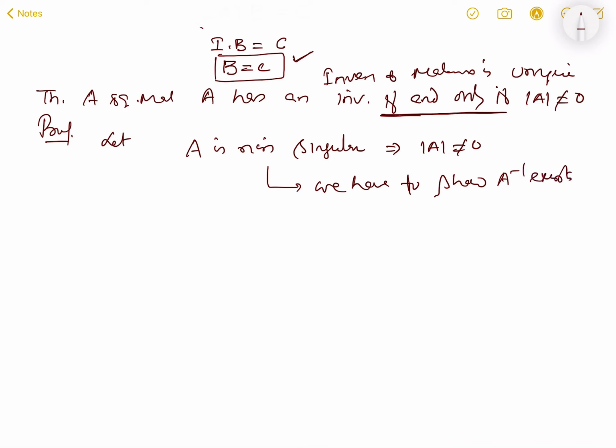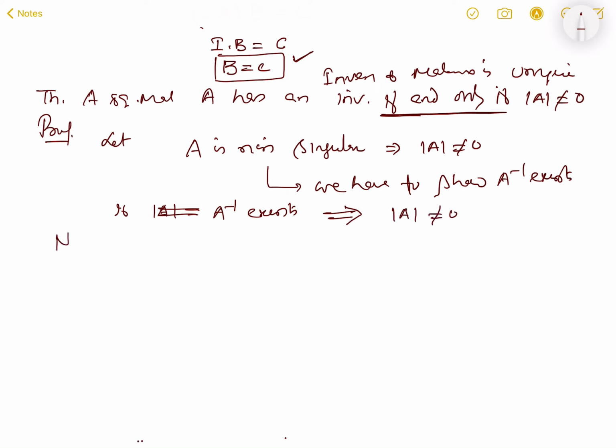This is the first part of the theorem. Another part is, if considering A inverse exists, then we will have to show that determinant A is non-zero.